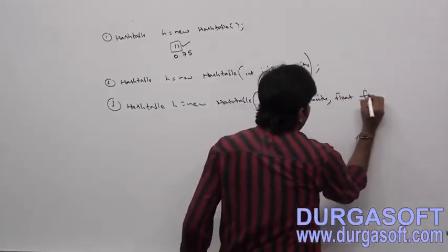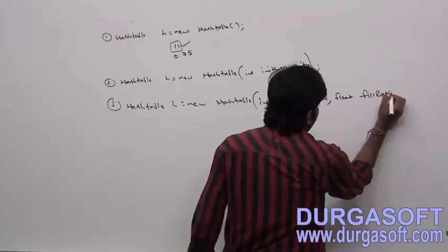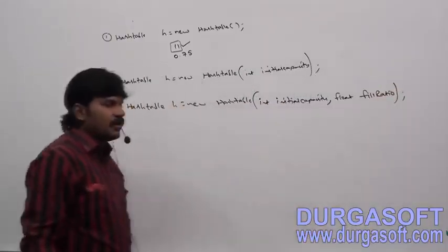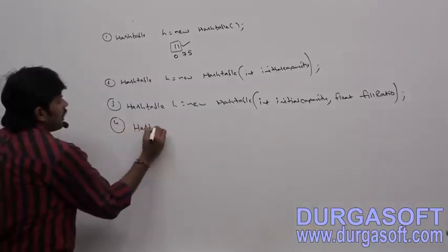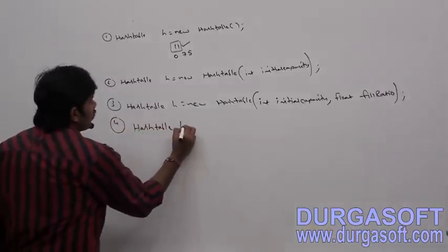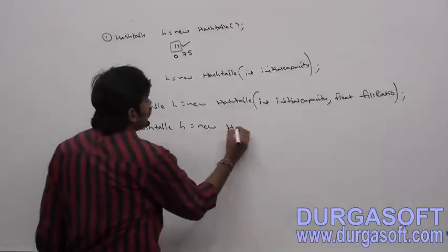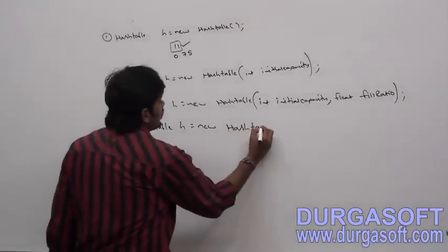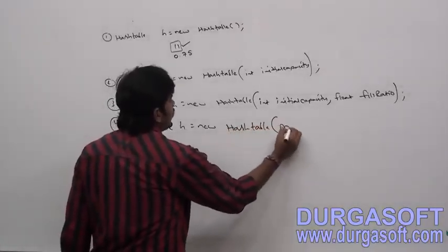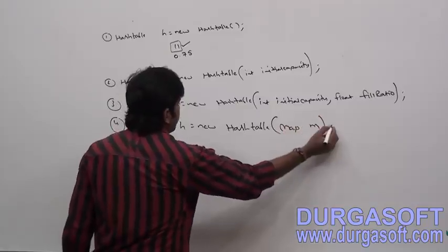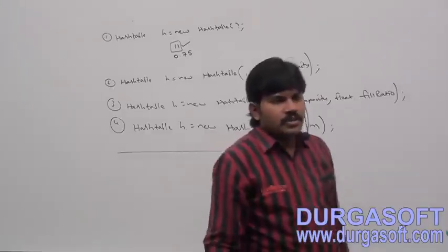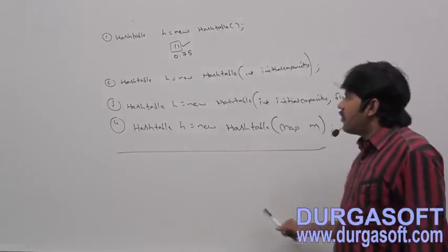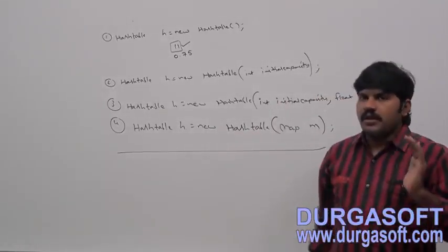Next, hash table h is equal to new hash table of map m. You are getting map m, intra conversion between map objects, right? These are the 4 constructors we have in hash table.